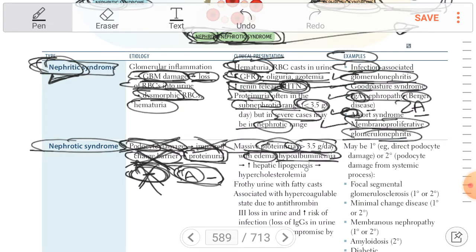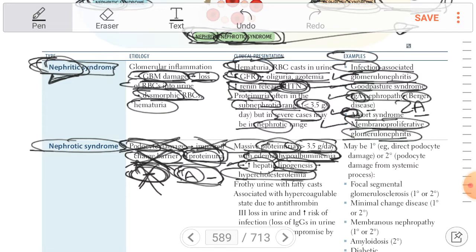But this albumin formation from the liver will form another thing along with the albumin. What is that? Lipids. So there is increase in hepatic lipogenesis, with the liver trying to compensate for this hypoalbuminemia. So if there is decrease in the albumin because there is severe proteinuria, the liver will try to form new albumin.